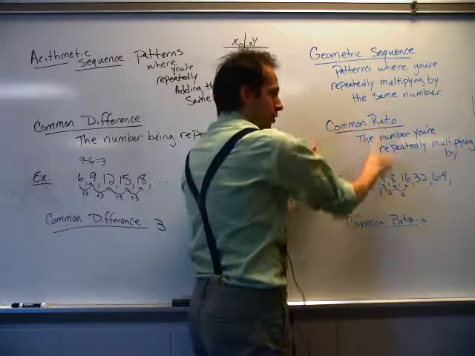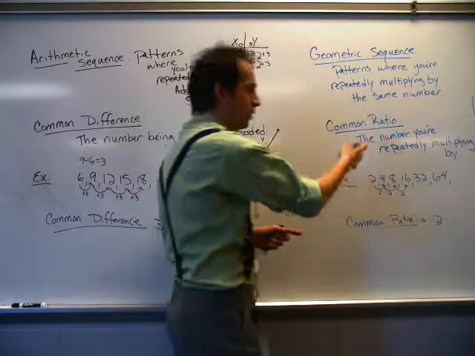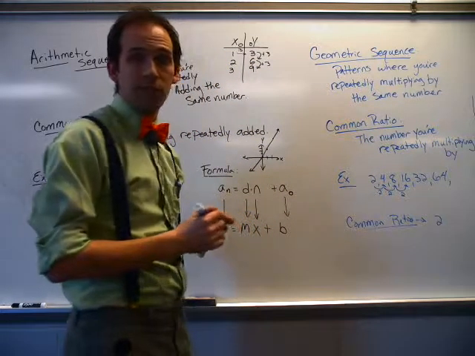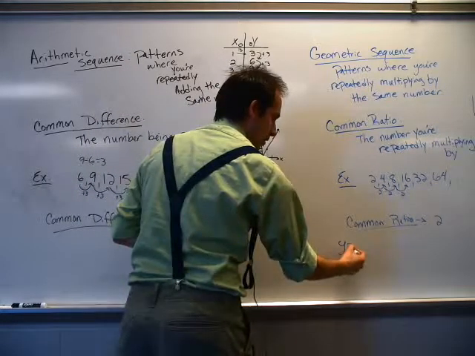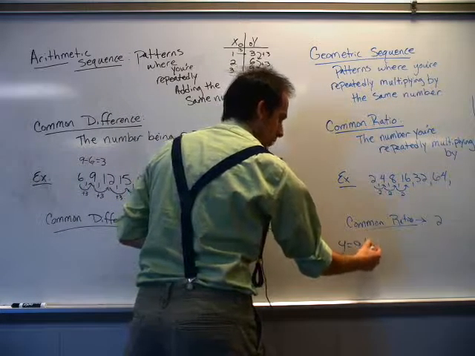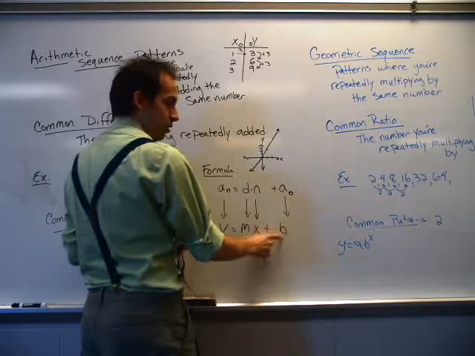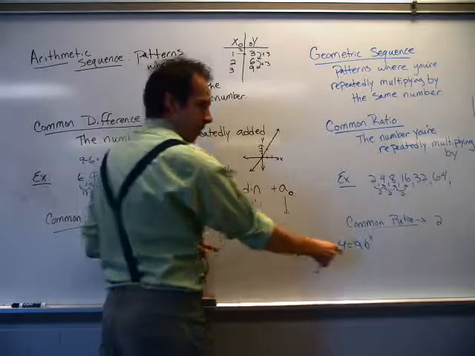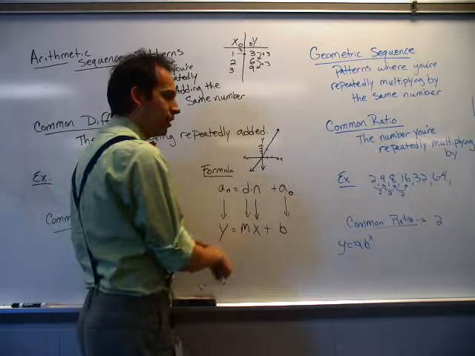So the common ratio is the number we're repeatedly multiplying by. And there is a pretty standard formula for a geometric sequence. It looks something like this: y equals a times b to the x, where a is our starting term, just like it was here, and b is that common ratio.